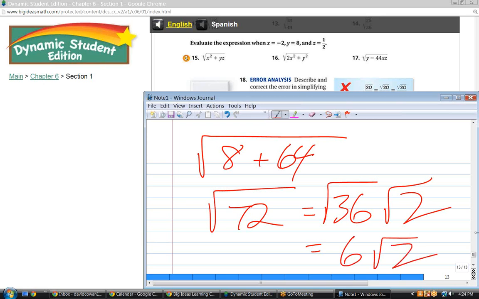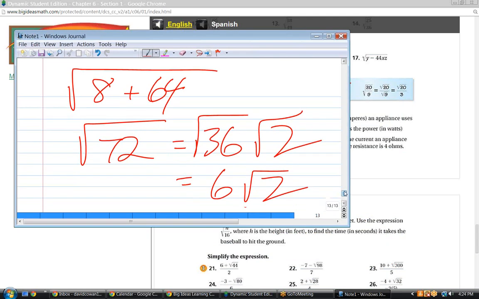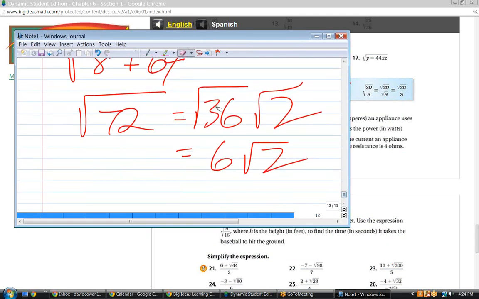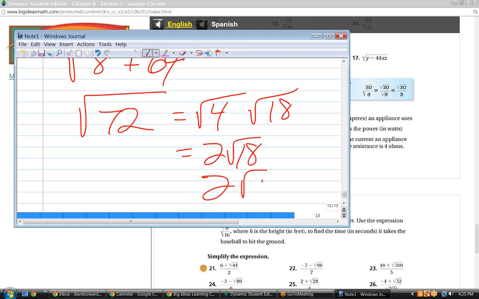Okay. Now notice that if I didn't see the 36, I'm still going to get there. In other words, as long as I can see that that's divisible by 4, and that's the square root of 4 times the square root of 18, that's 2 root 18, but 18 is root 9 times root 2, so it's 2 times 3 times root 2, or 6 root 2.